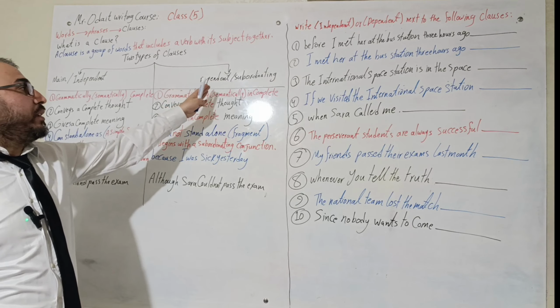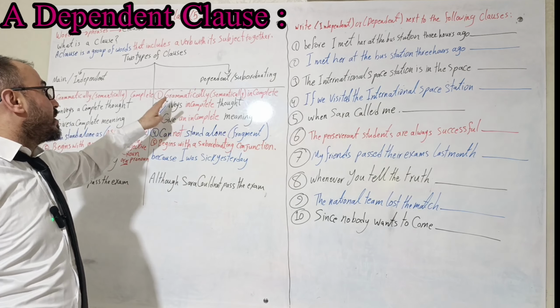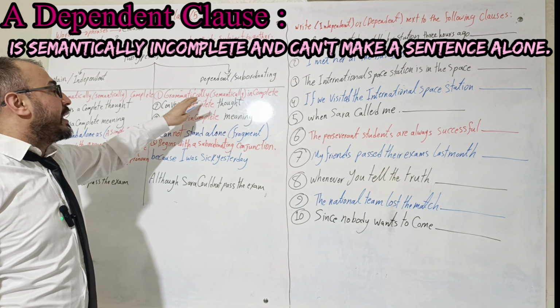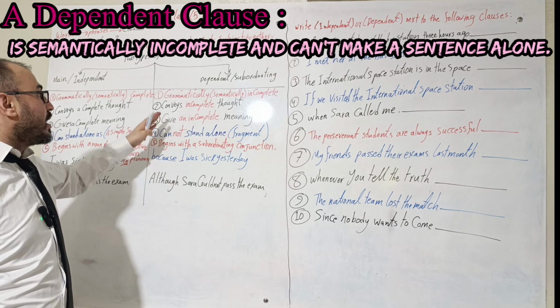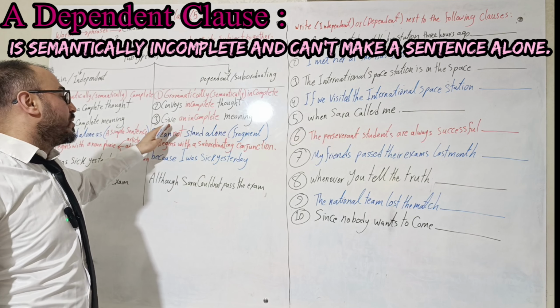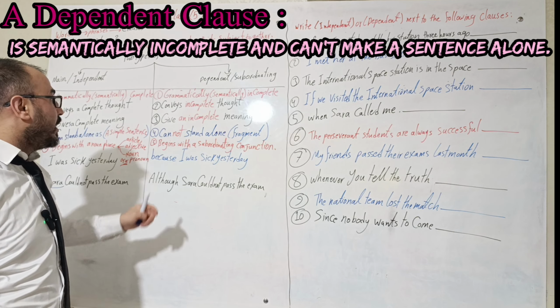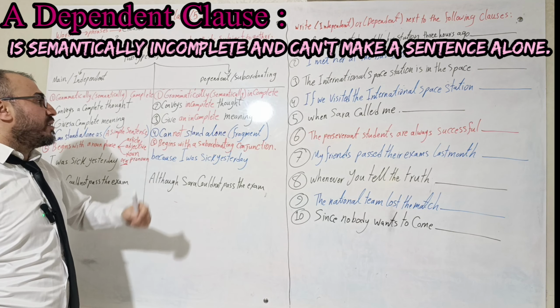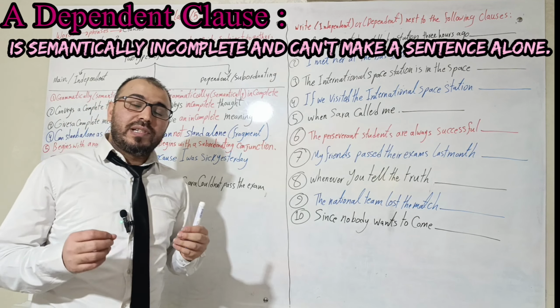While dependent or subordinating clauses are grammatically or semantically incomplete, they convey incomplete thought and give incomplete meanings, and generally they cannot stand alone as simple sentences.